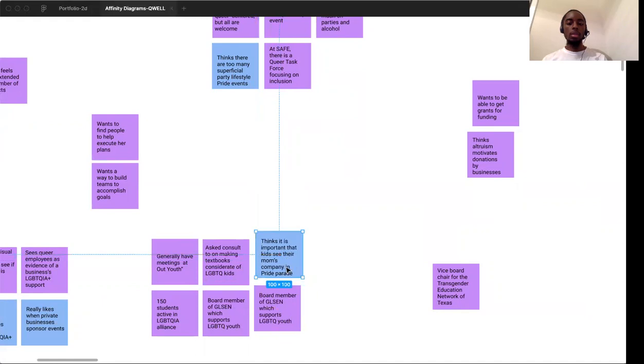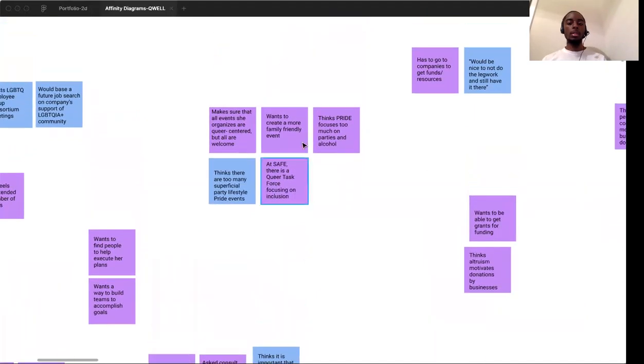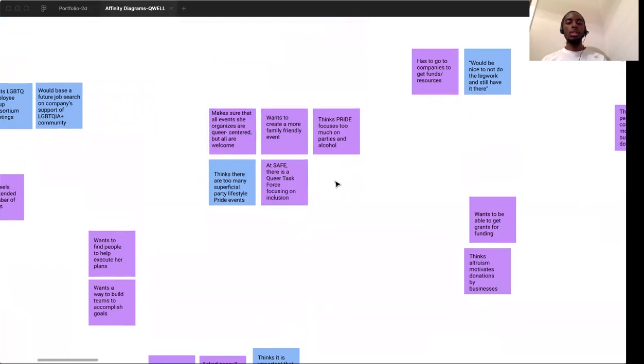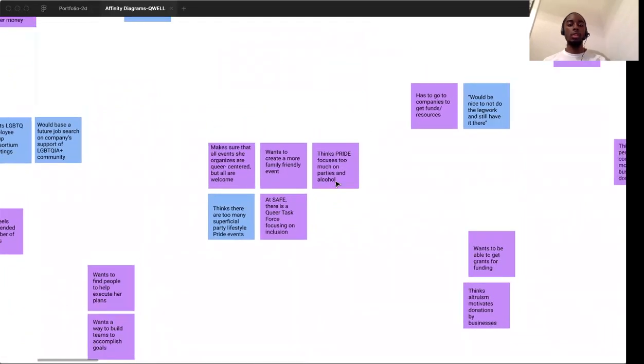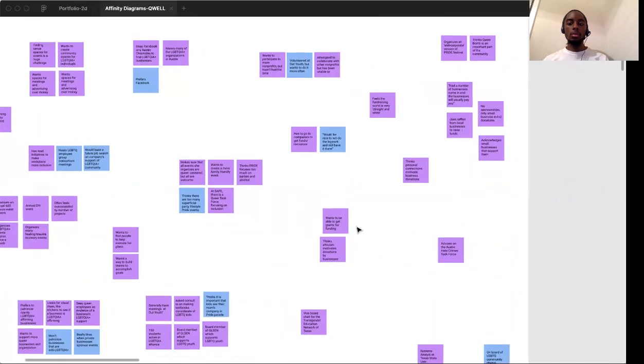So that's about the pride parade and more about what their need is. Here they're talking about relating to kids, maybe even acknowledgement of the company. These are talking about that they want to see more meaningful events, not just parties. Remember that pretty much every one of our interviewees talked about that. So that's a pretty important need there.